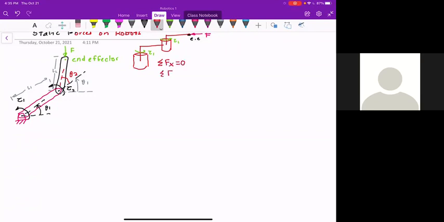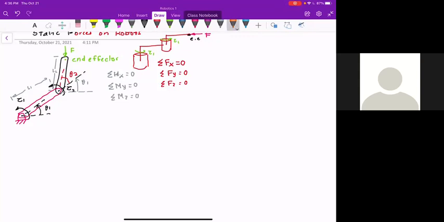Summation of forces in y direction is equal to 0. Summation of forces in z direction is equal to 0. Then the other condition is summation of moment about x is equal to 0. Summation of moments about y is equal to 0. Summation of moment about z is equal to 0.